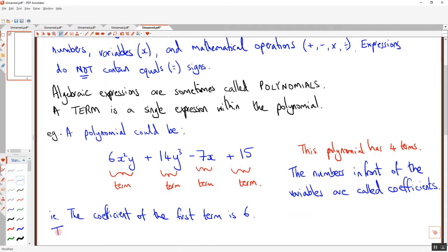Okay, last part. The constant term does not contain a variable.